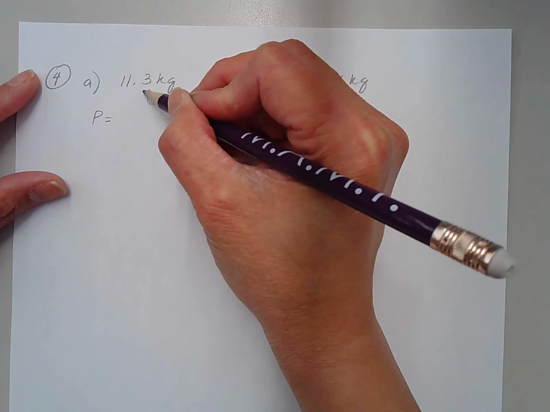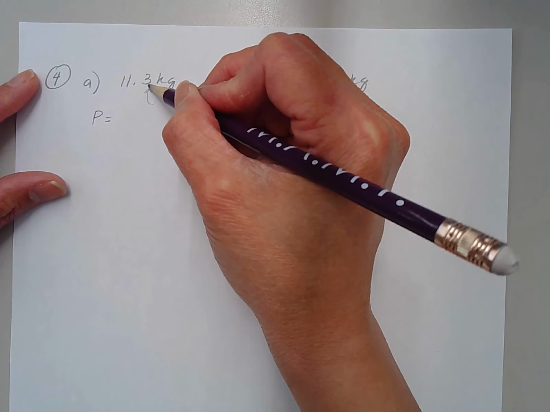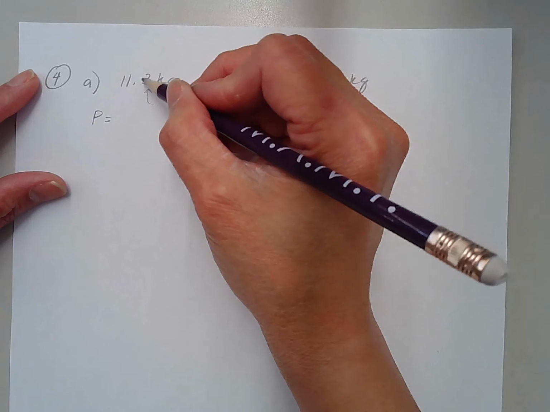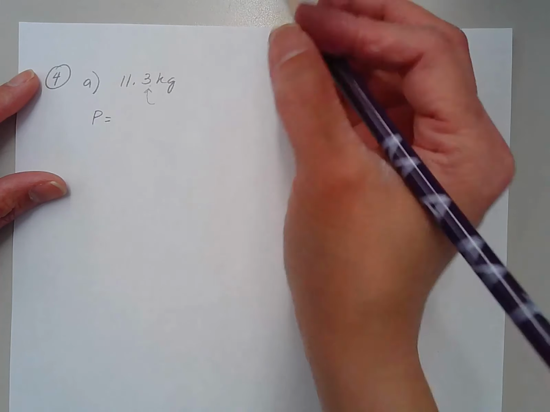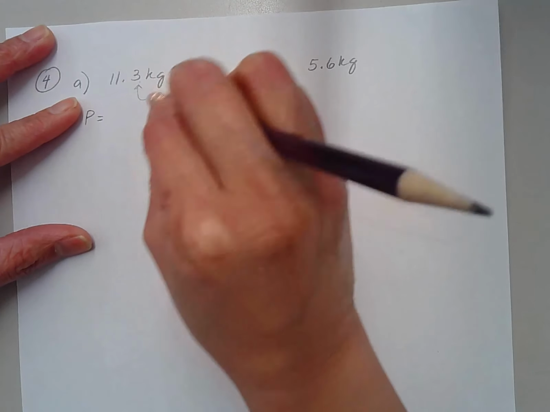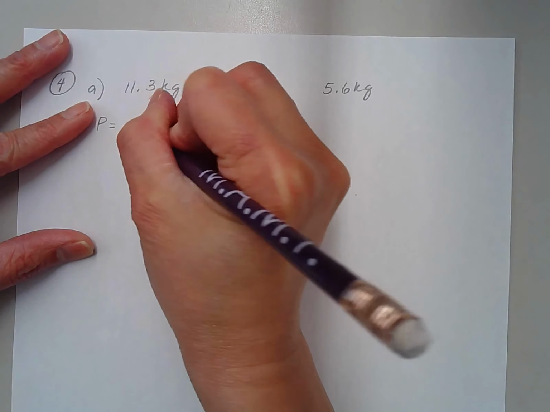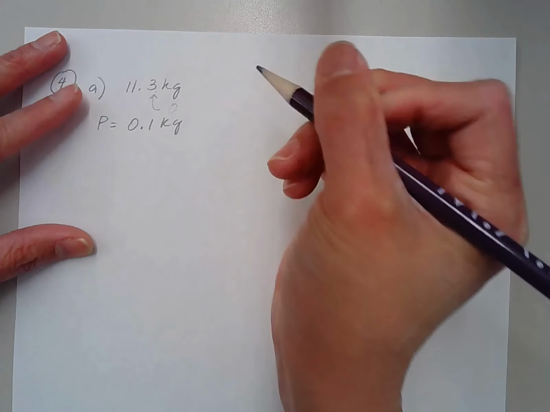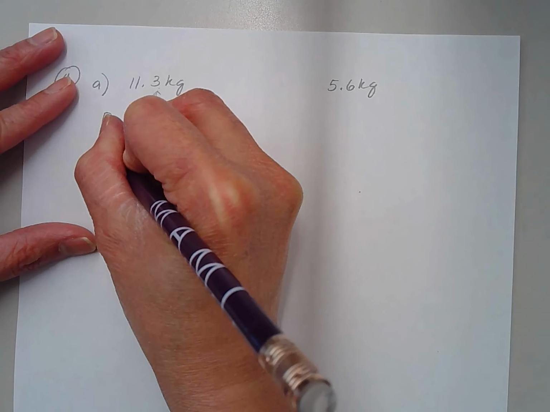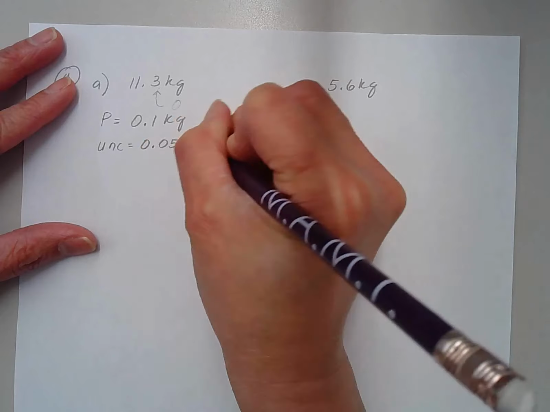The finest measurement that we have is 1/10 of a kilogram. So 1/10, that's 1 decimal place. So 0.1 kilogram. Therefore, uncertainty is 0.05 kilogram.